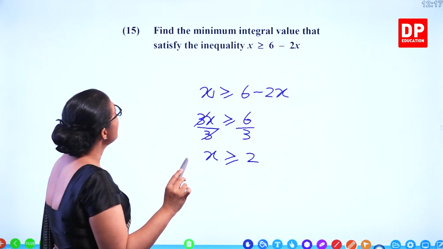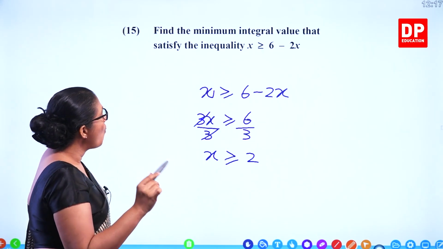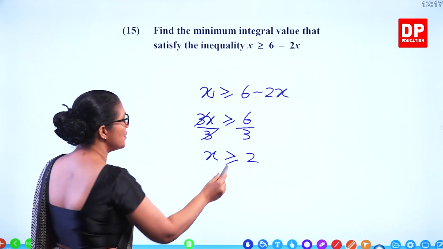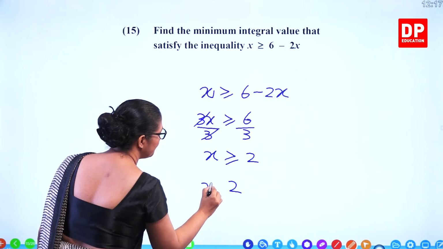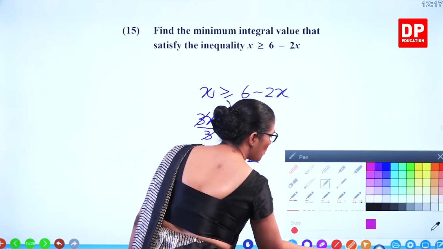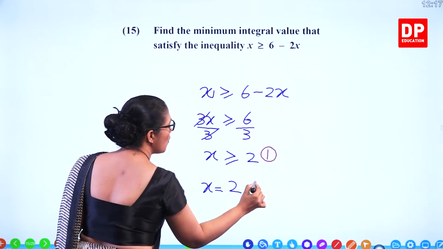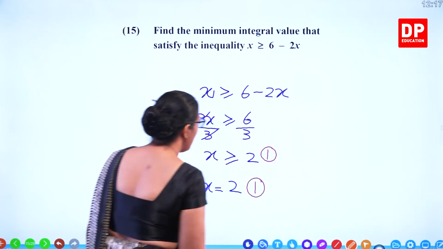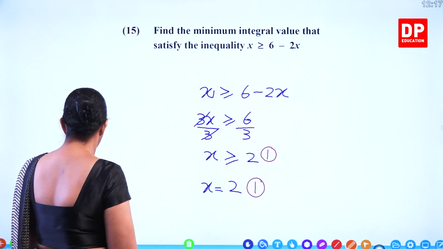So x is greater than or equal to 2 means what's the minimum integral value? Minimum integer value. That's 2. 2 marks. 1 mark for the inequality and 1 mark for identifying the minimum integer value.